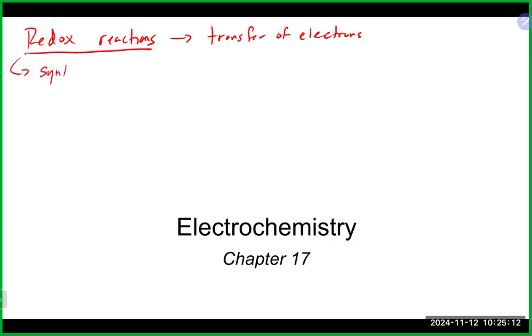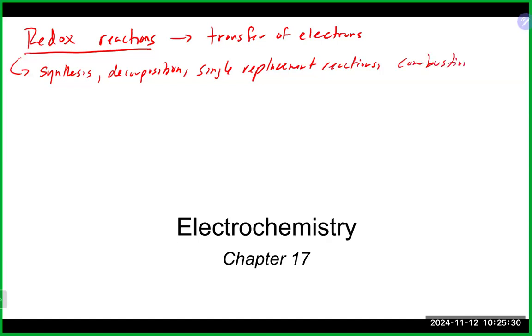Synthesis reactions are redox reactions. Decomposition reactions are redox reactions. Single replacement reactions are redox reactions. And also combustion reactions all fall under the redox umbrella of more specific ways of classifying reactions.